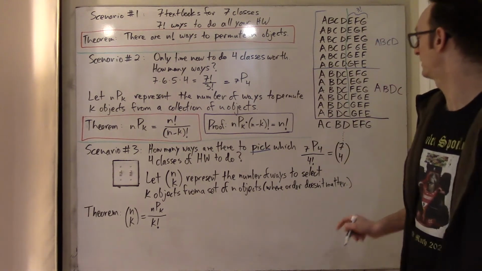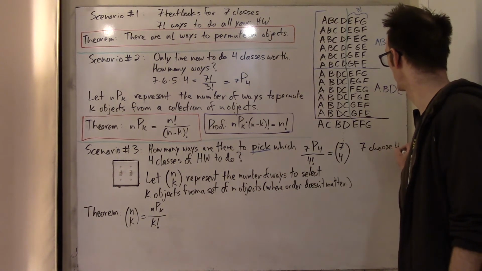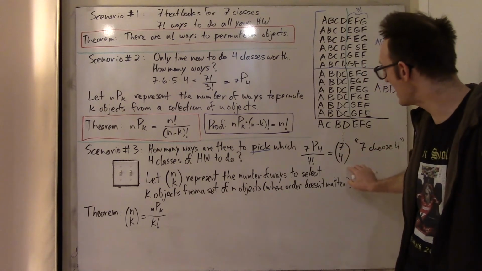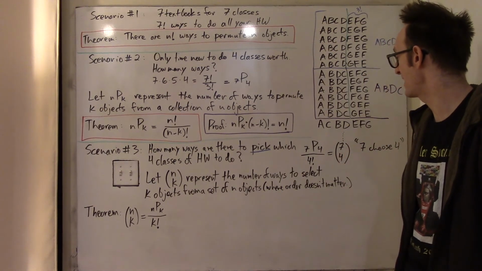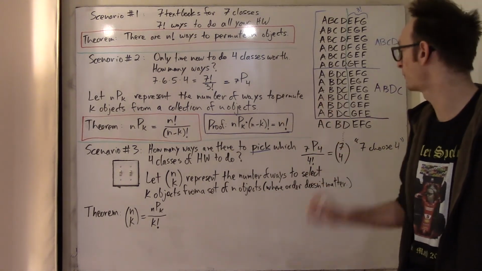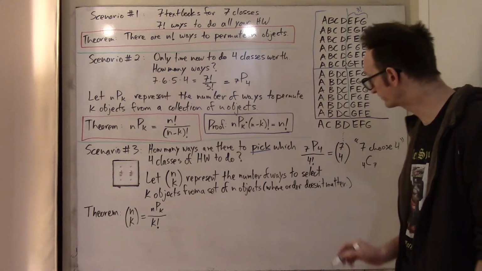We pronounce this 7 choose 4, and we write it like this. And what is it? It's the answer to the question, how many ways given 7 objects are there to choose 4 of them? And there's an alternative notation which looks like this.